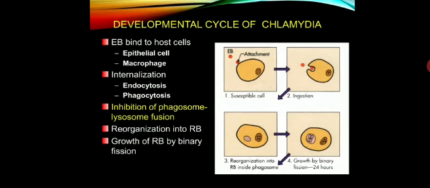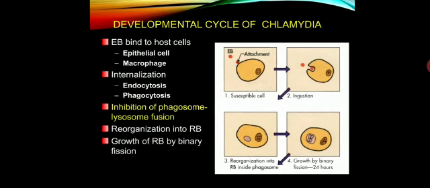Any pathogen entering a host cell automatically induces phagocytosis and the pathogen is lysed using lytic enzymes. But in the case of Chlamydia, same as rickettsiae, these bacteria can easily escape phagocytosis by inhibition of phagosome-lysosome fusion.